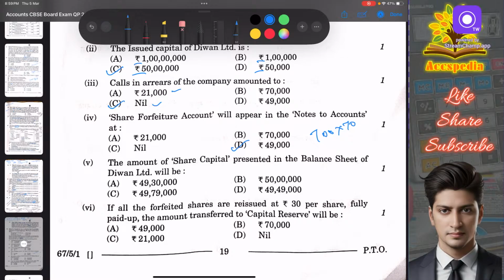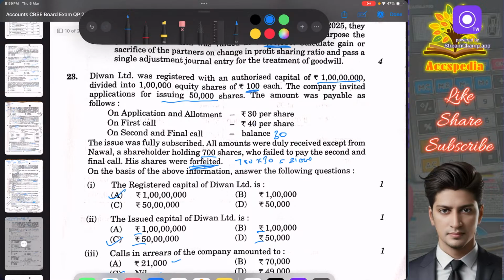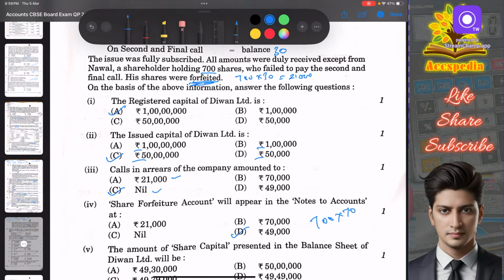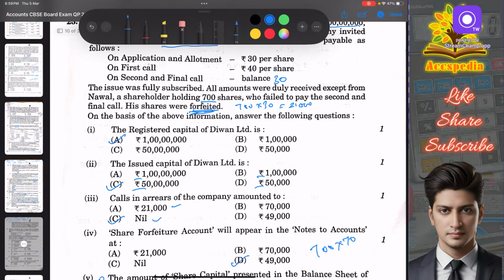The amount of share capital presented in the balance sheet of Diwan Limited. Out of this 50,000 shares, 49,300 are fully paid up, and 700 shares we forfeited.